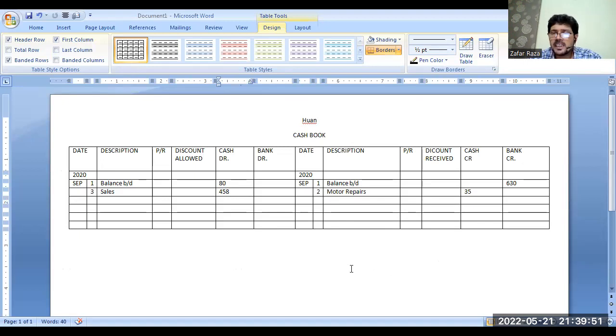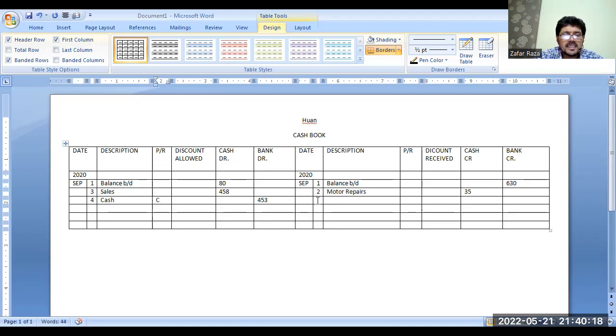When we are depositing cash into bank, or when we are taking cash from bank, we have to make a contra entry. Contra entry means we have to record on both sides of the cash book. So we will write here 453 on 4th. Here we will write the reason, cash, and in the PR column we will write a C for the contra.